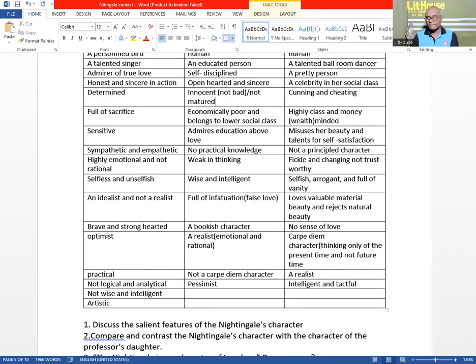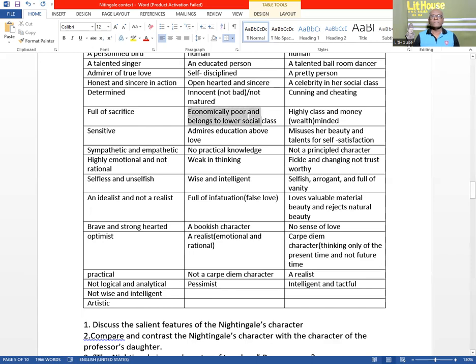He's not matured. Therefore, the professor's daughter is very cunning. She cheats this boy because he has education, but not intelligence. Okay.